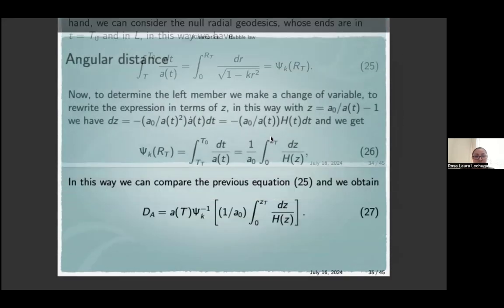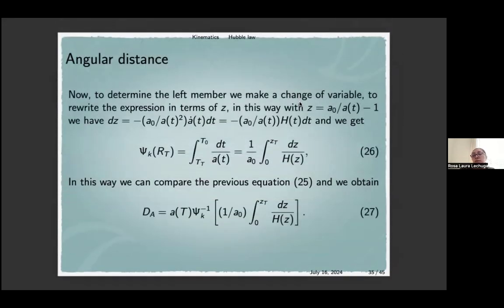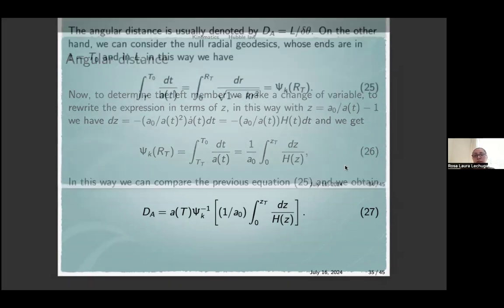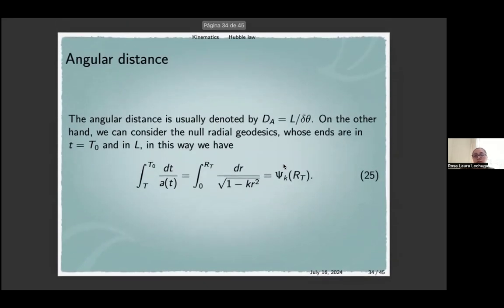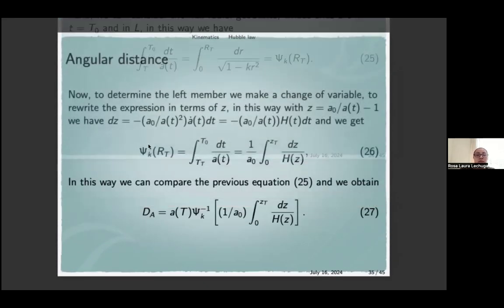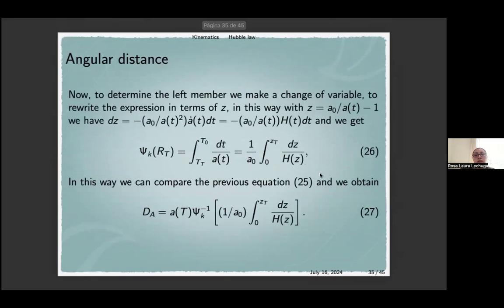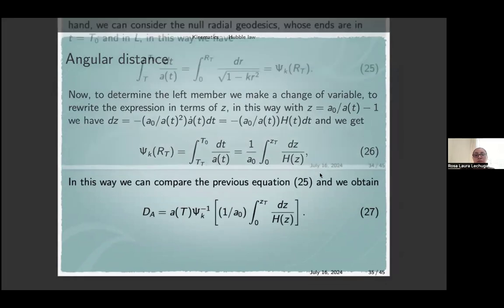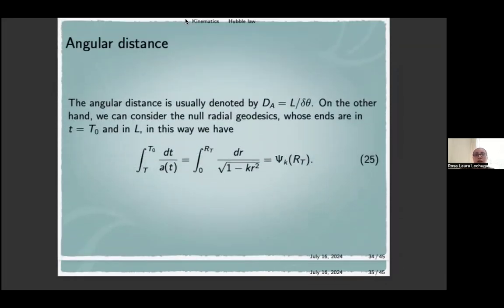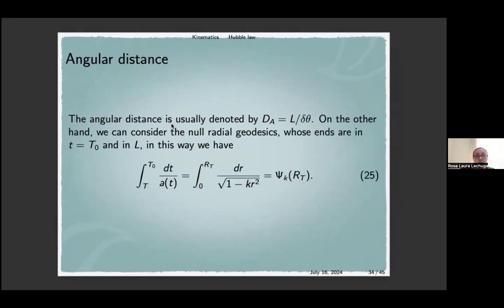So you can perform a change of variables in terms of the redshift that we got yesterday, and now the integral that you have in equation 25 turns into this expression. Okay, I'm only working with the left-hand side.